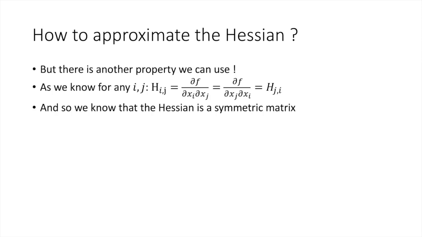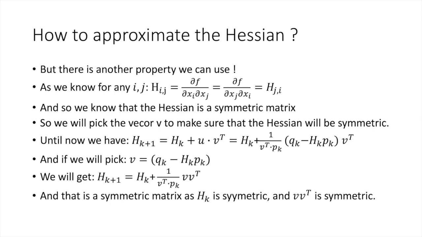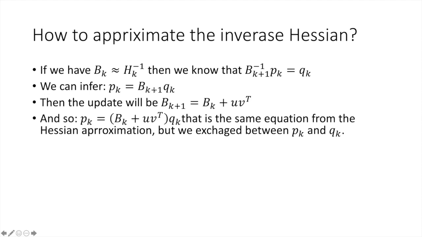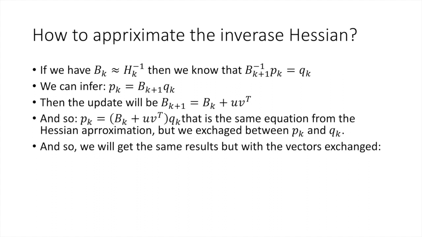And so all we need to do to define a rank 1 update for b_(k+1) to approximate the inverse Hessian is use the exact same formula, but flip between p_k and q_k. And so we will get the same results, but with the vectors exchanged. So we define v as p_k minus b_k q_k instead of q_k minus h_k p_k, and b_(k+1) equals b_k plus v v transpose over v transpose q_k.